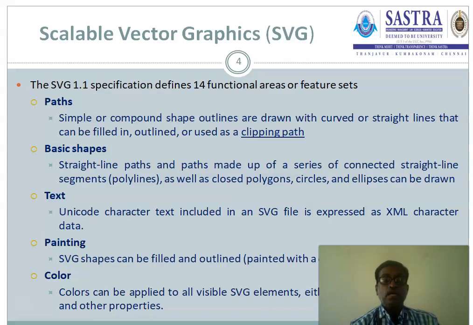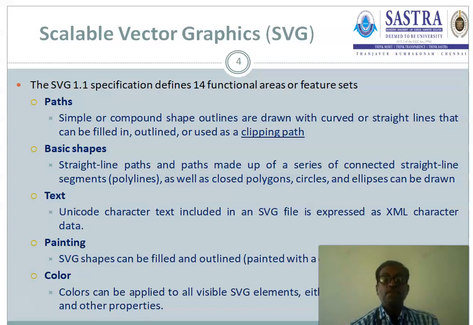And then SVG shapes can be filled and outlined. Already I told you that in order to fill or outline the shapes, it provides a painting facility. Through the painting process, we are able to fill the shapes and outline the shapes.